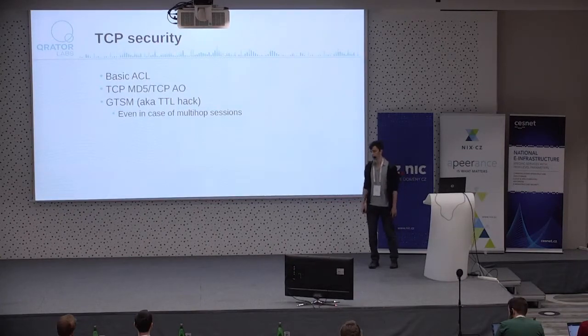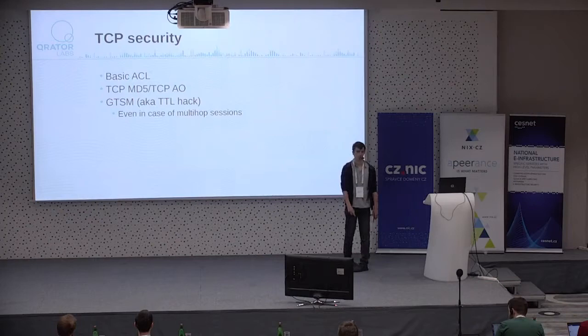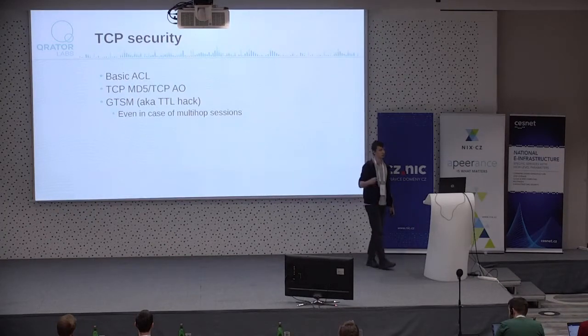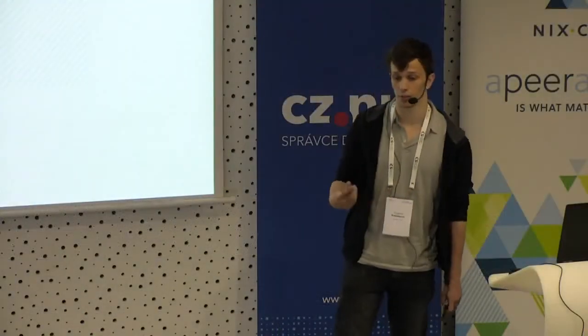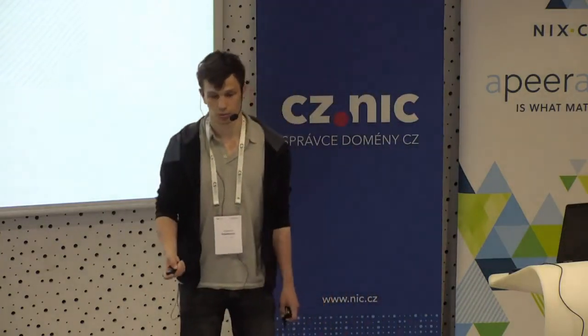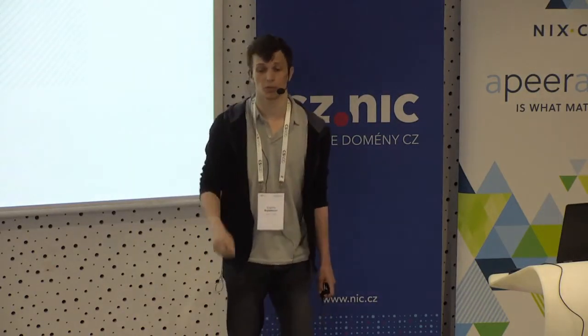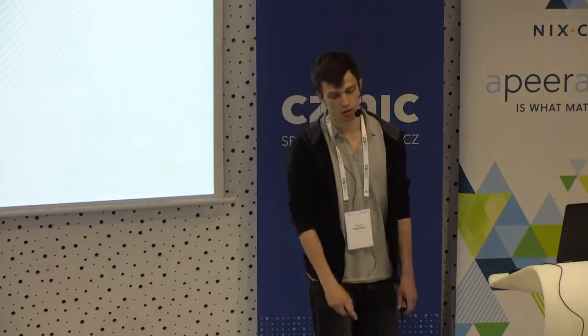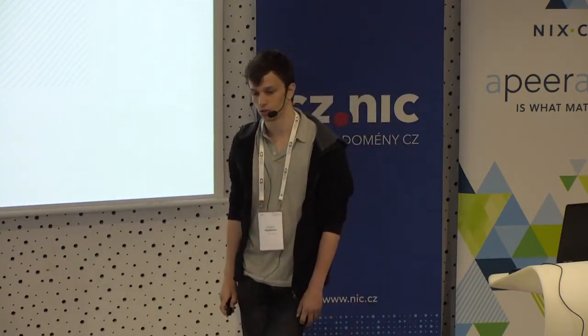So a TTL hack will help you, and you can say that I want to receive packets only from my direct neighbors, and by applying both ACL and GTSM, you can avoid nearly all of the spoofing attacks in the wild. And it can even be applied on multi-hop sessions, but there is much less good reason for doing that.